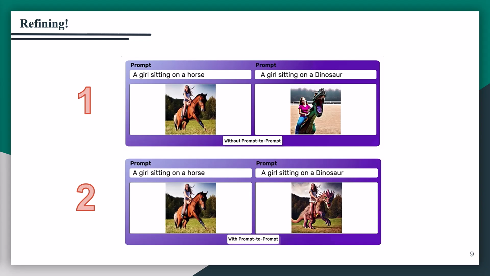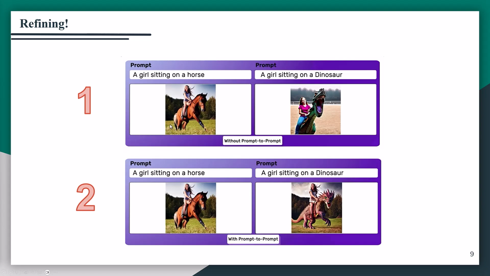So to solve this, the authors used a technique called prompt-to-prompt, which helps keep the images visually similar when the prompts are similar. By using prompt-to-prompt, the model can refine the output, creating images that stay closer to the original style or content, even with a change in the prompt.